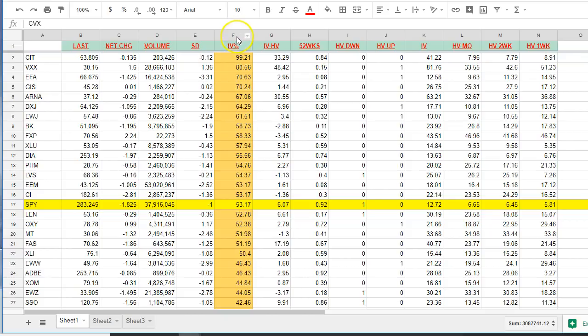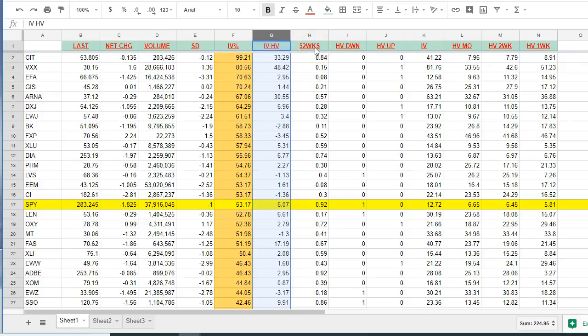This is the most important column, which is IV percentile. The higher the better. It's the percentile of its own range. Every stock has its own range. And this column is implied volatility minus historical volatility.